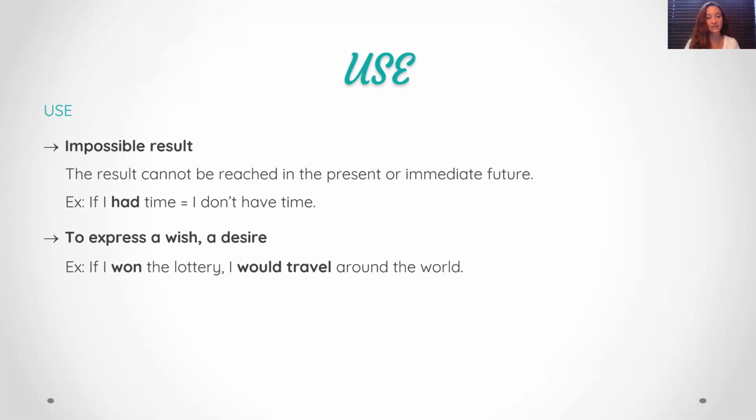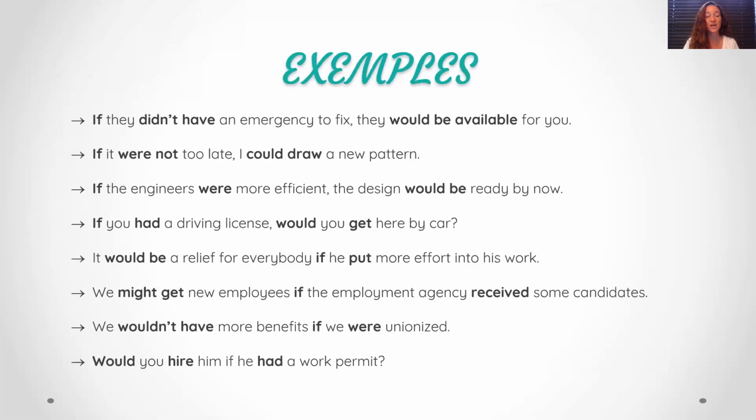Like, "if I had time" means I don't have time. And then we express it also as a wish or a desire, like my example, "If I won the lottery, I would travel around the world." More like a wish than something possible in my present or immediate future.